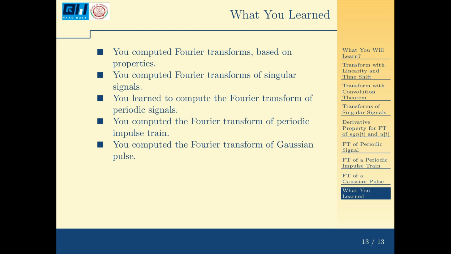Then you computed the Fourier transform of a periodic impulse train, which will be very useful when you study sampling. Then you computed the Fourier transform of a Gaussian pulse. And that is the end of this presentation. I thank you all.